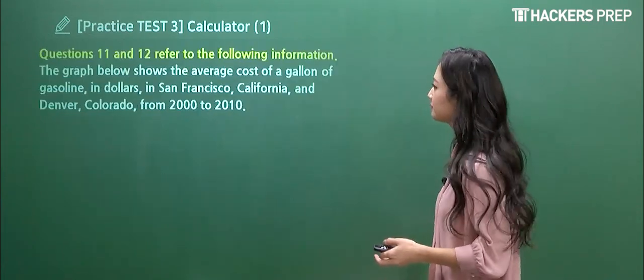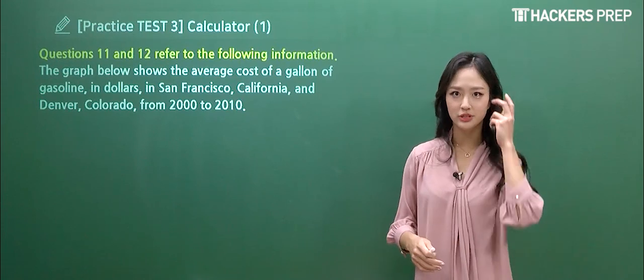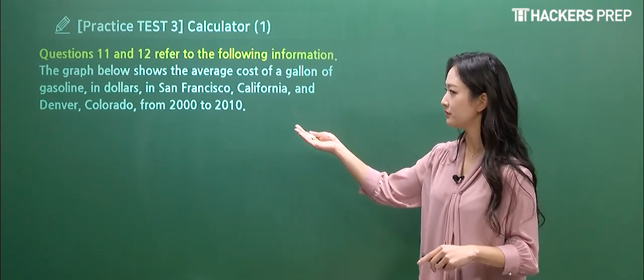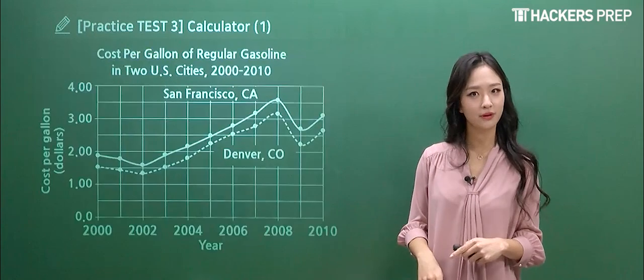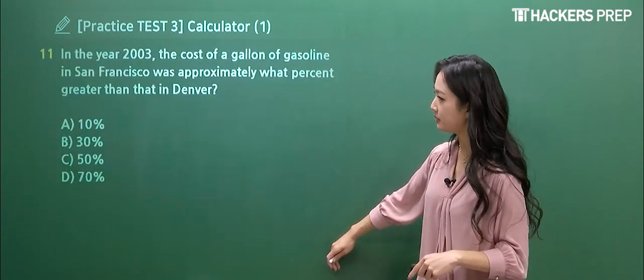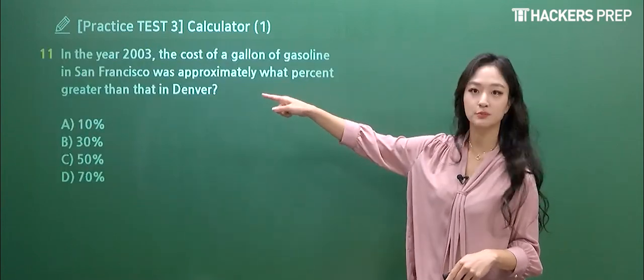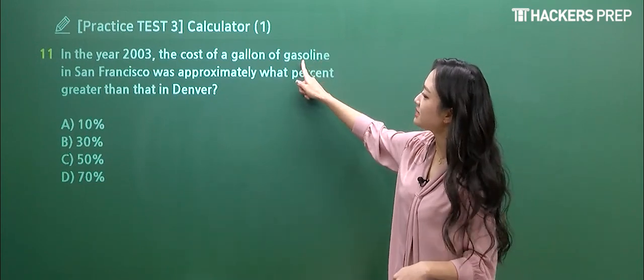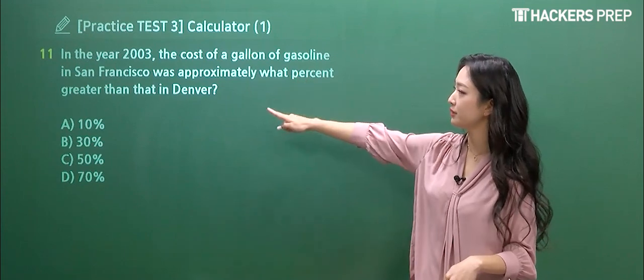Okay. So let's move on to the next 2 questions. So we have 11 and 12 referring to the following information about San Francisco and Denver, Colorado from 2000 to 2010. And the first question is, in the specific year of 2003, the cost of a gallon of gasoline in San Francisco was what percent greater than Denver?